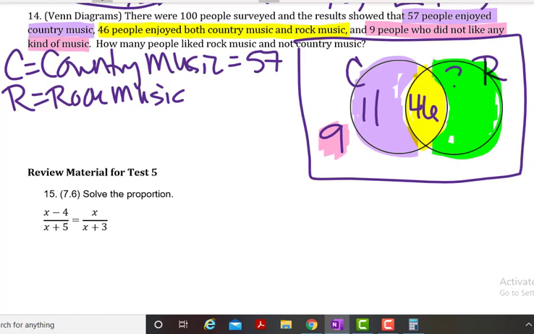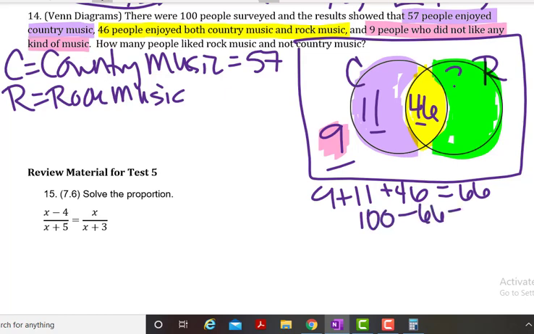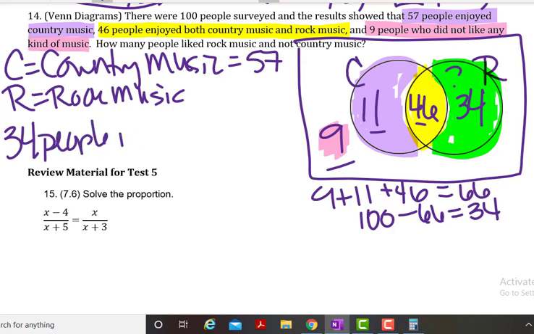So when I add up these three values, 9 plus 11 plus 46, that gives me 66. 100 minus 66 gives me 34. So 34 people liked rock, but not country.